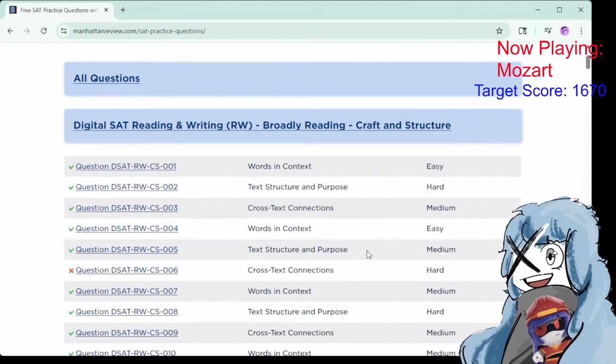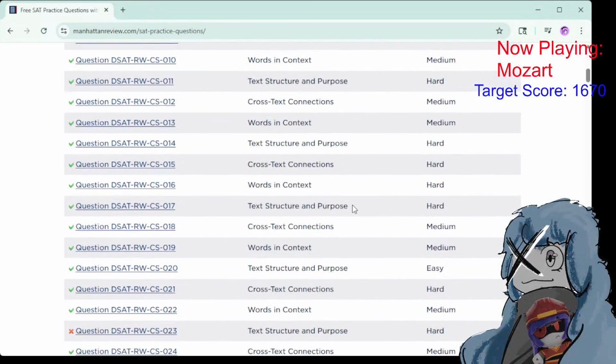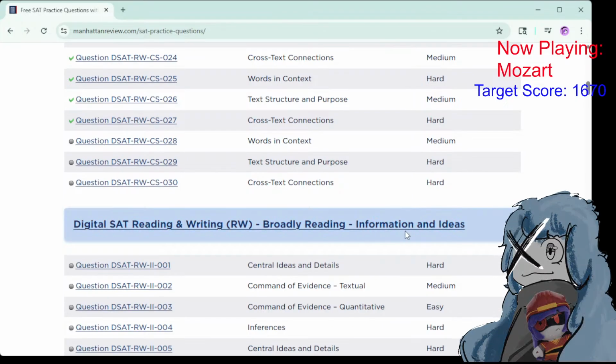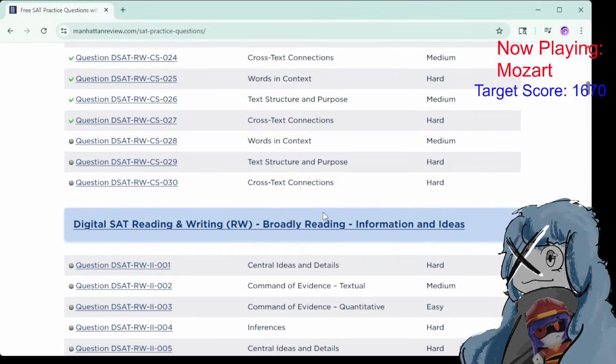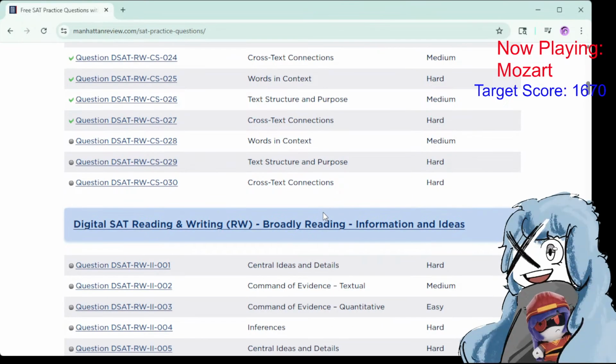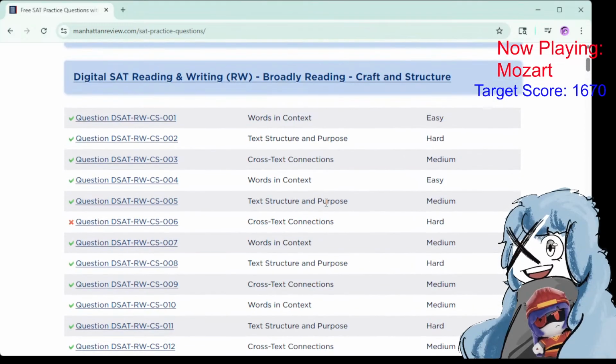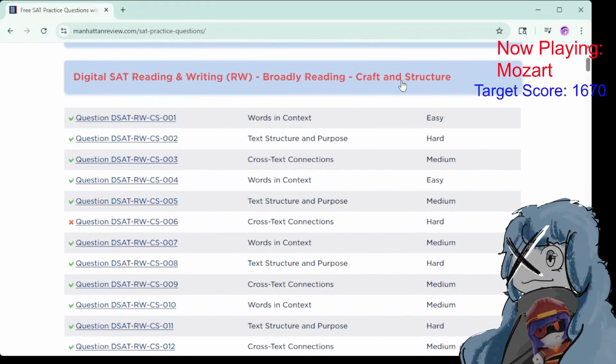It's kind of like those Kahoot games where you see the same question, you just see the same answer. We have 3 more, then we're moving on to information and ideas. With the thing about information and ideas, I'm not sure of the difference in crafting structure.